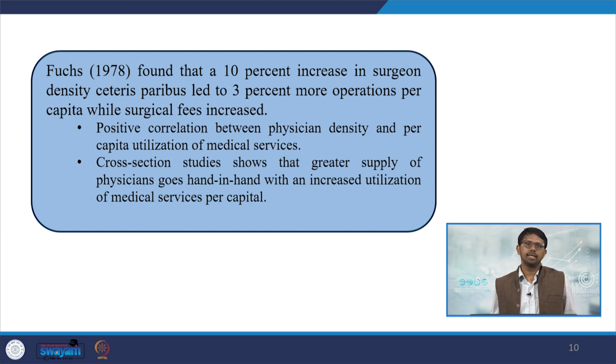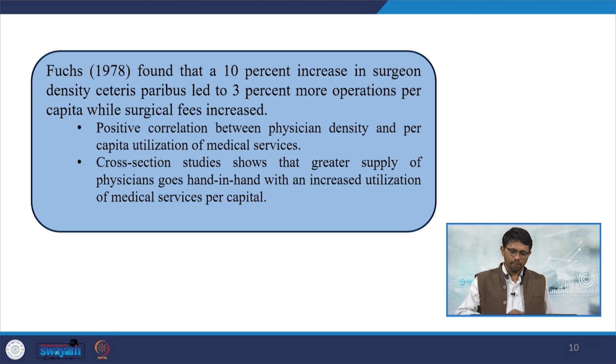Fuchs in 1978 found that a 10% increase in surgeon density, keeping other things constant, led to 3% more operations per capita, while surgical fees increased. This shows a positive correlation between physician density and per capita utilization of medical services.